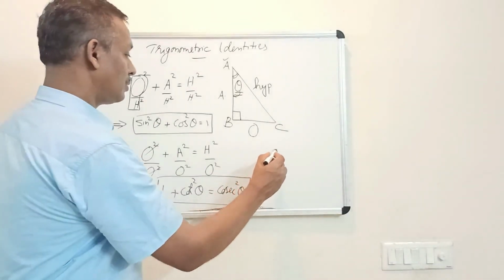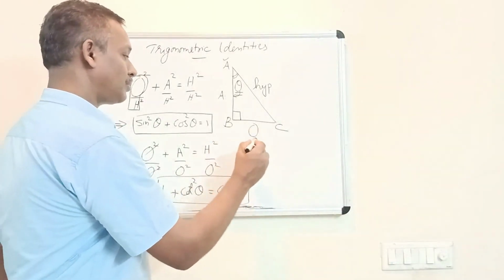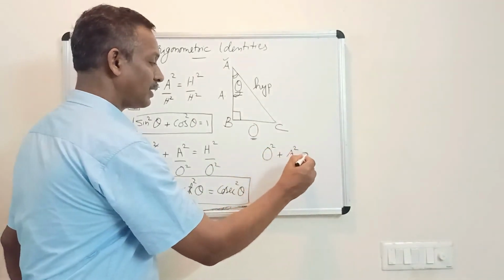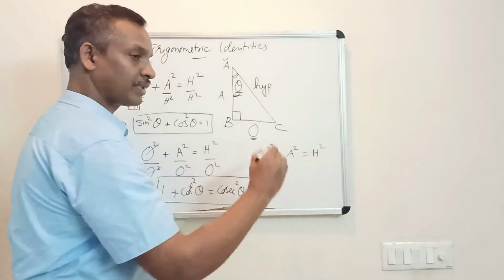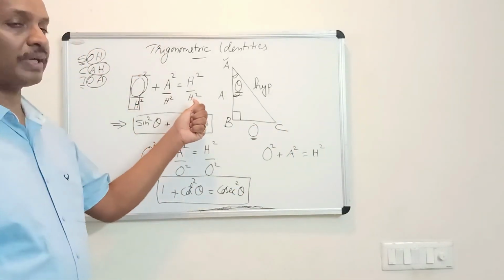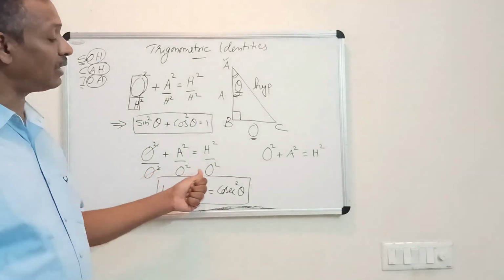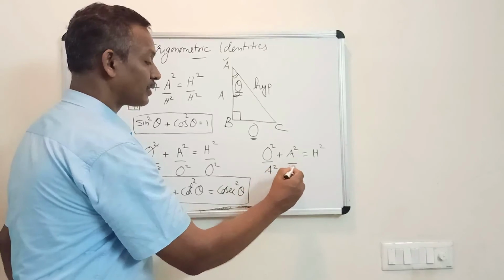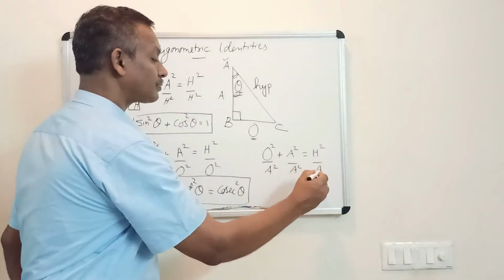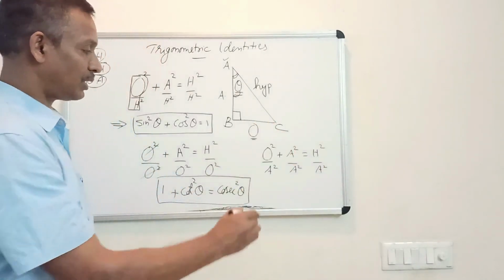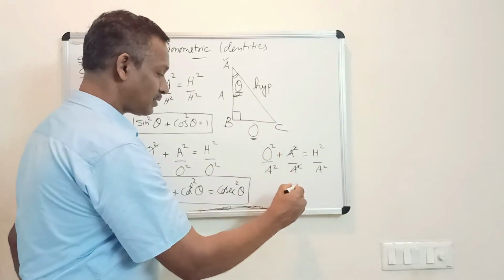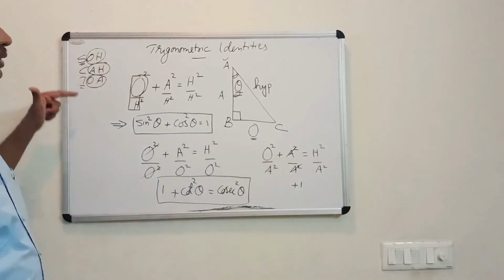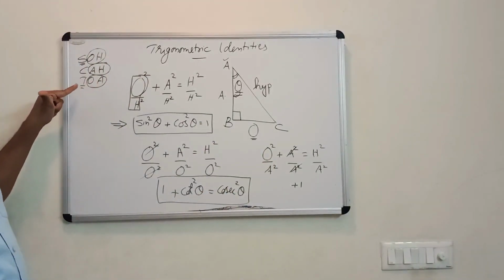In the third one, again we write the Pythagoras theorem: opposite square plus adjacent square is equal to hypotenuse square. In first case we divide throughout by hypotenuse square, second case we divide throughout by opposite square, now you divide by adjacent square. So here adjacent square gets cancelled, you will get 1. Opposite by adjacent, look at the SOHCAHTOA. Opposite by adjacent is called tan.